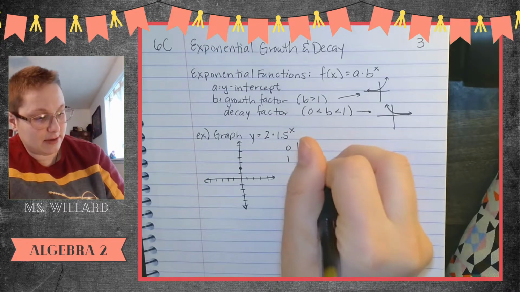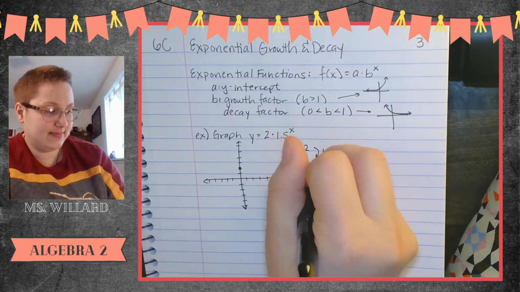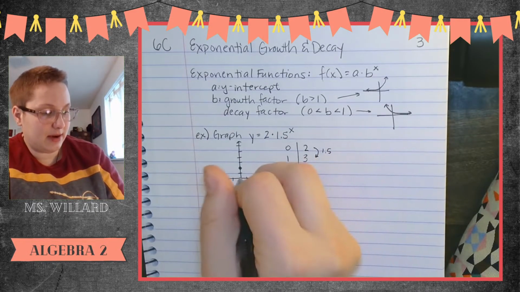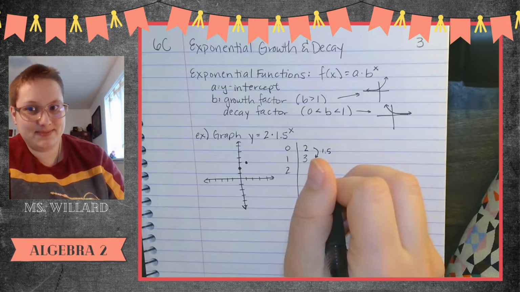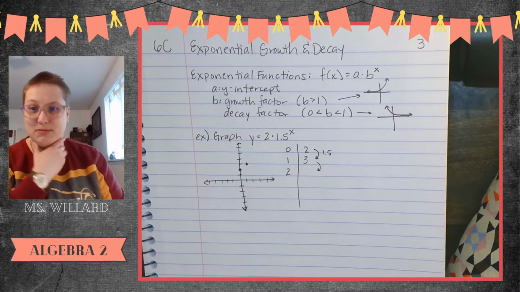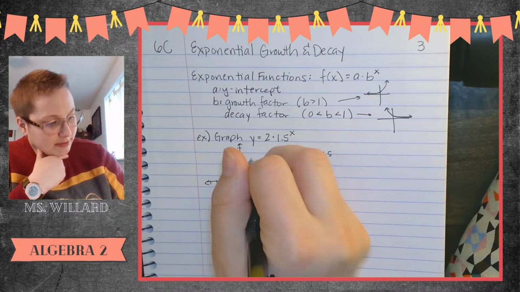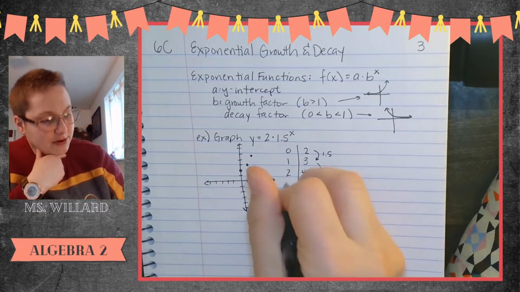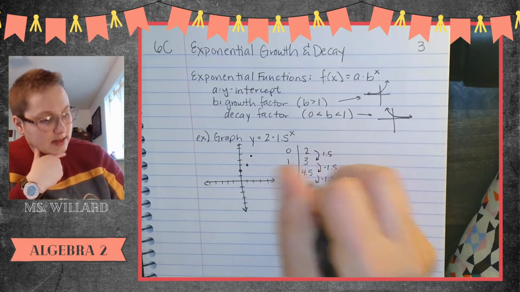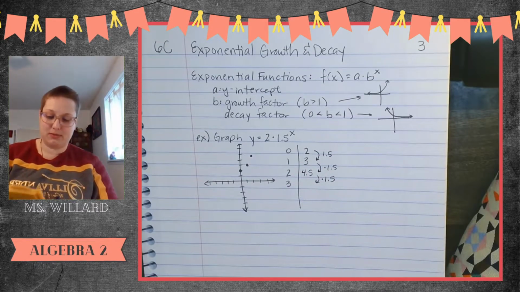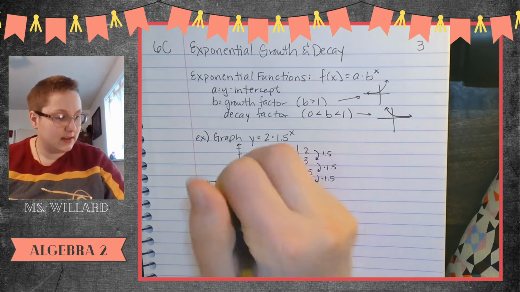Then I multiply this by 1.5 to get the next number. 2 times 1.5 is 3, so my next one will be at 3. Then 3 times 1.5 is, I almost said 7.5, I'm glad I checked my work, 4.5. So my next one up is going to be at 4.5. If I do one more, 4.5 times 1.5 is 6.75.